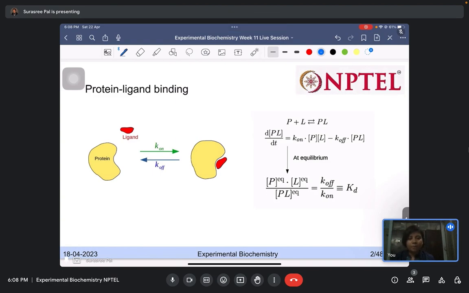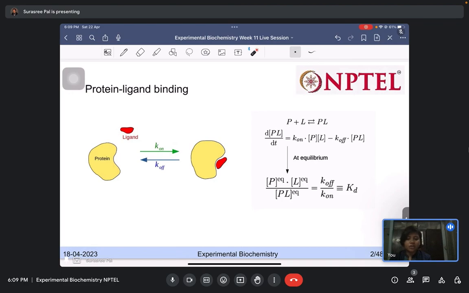Okay, so when a protein binds to a ligand molecule, usually you can understand that the ligand molecule is much smaller in size than the protein molecule. The ligand binds to a particular binding site of the protein, and this reaction is a reversible reaction.